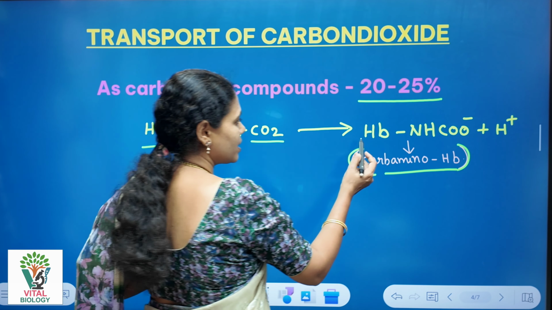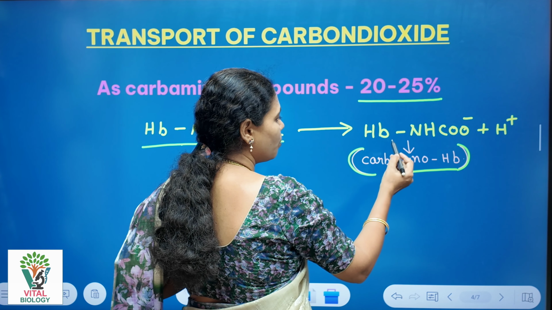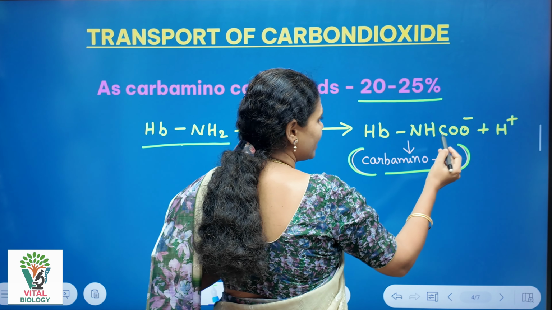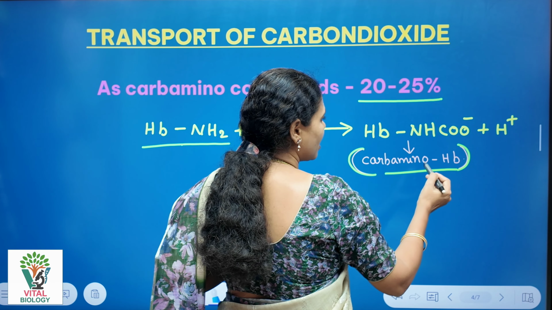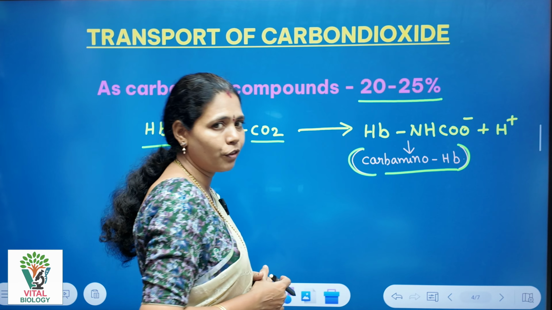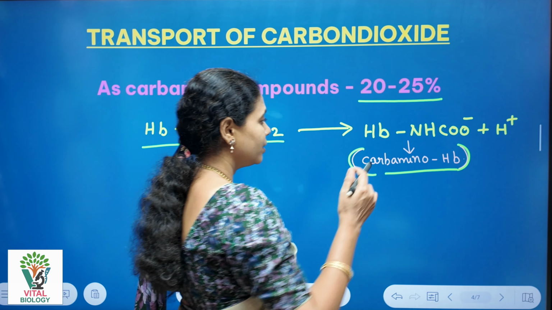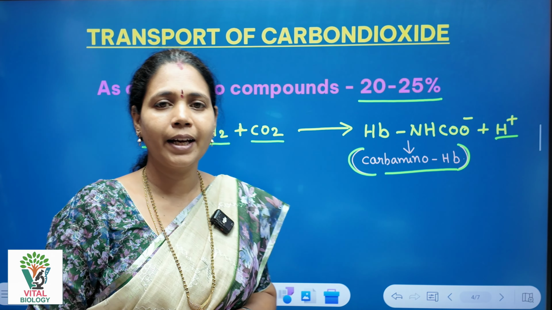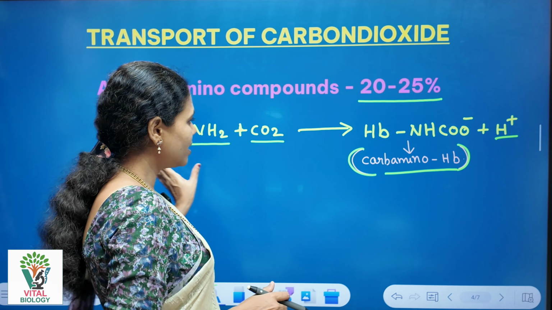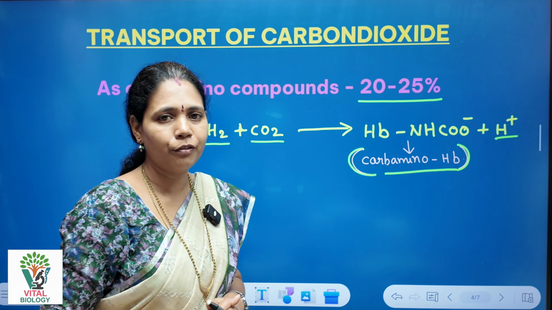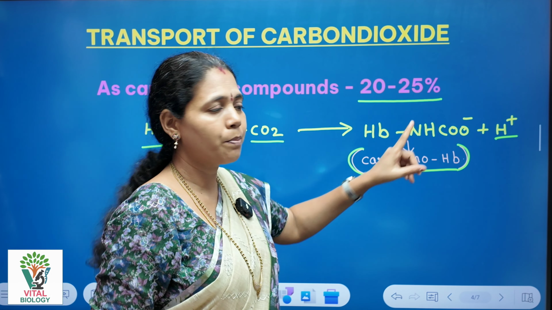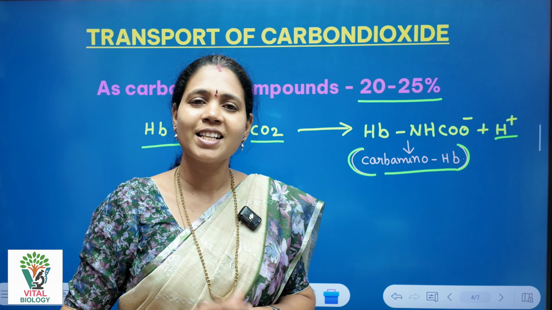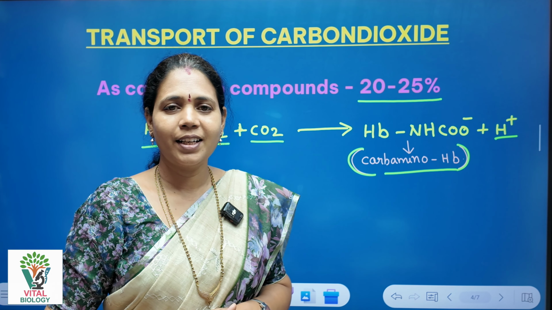So if you see Hb, here it indicates the hemoglobin in which NHCOO minus, so that is the carbamino hemoglobin formula, and it also forms hydrogen ions. In this carbamino hemoglobin form, about 20 to 25% of the carbon dioxide reaches the lungs.